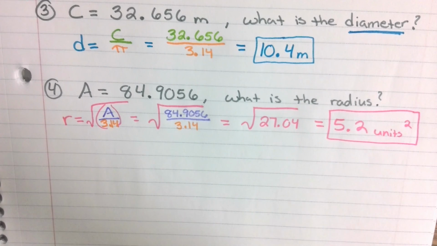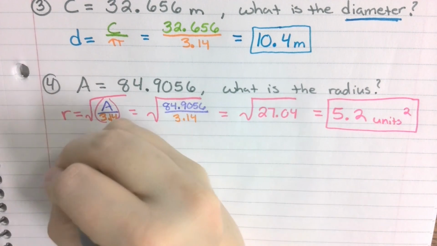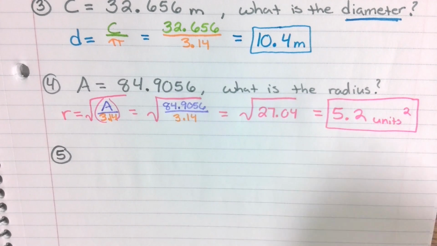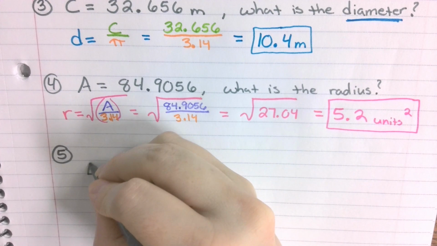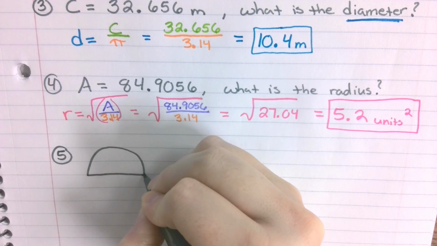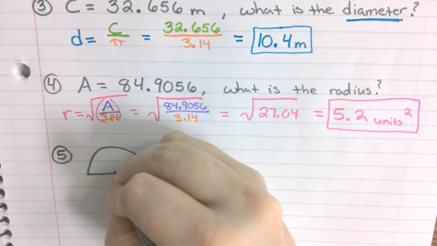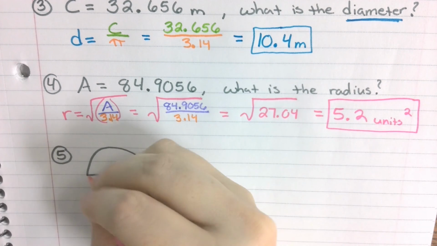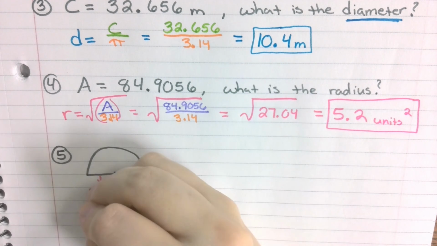Okay, the last little thing I want to show you for today is just if I happen to give you a semicircle. A semicircle is just half of a circle.